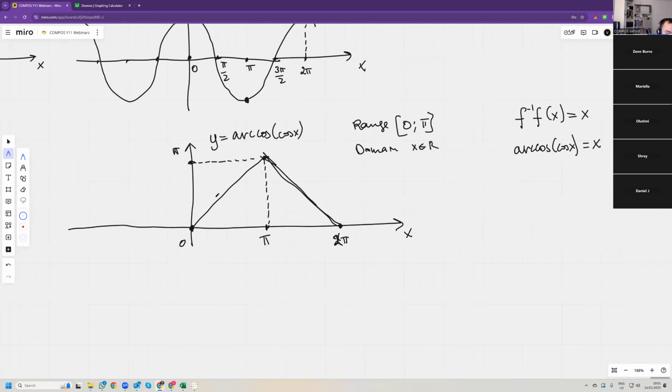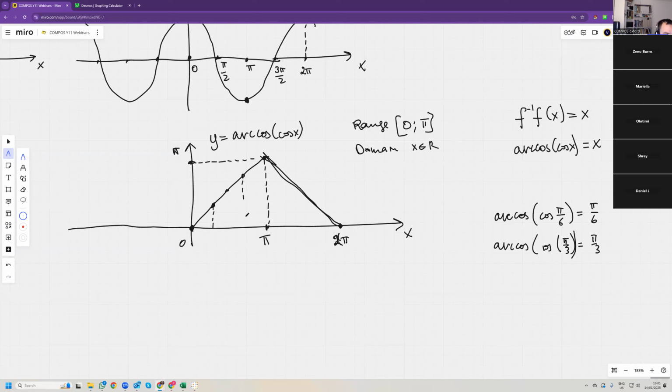So for example, if you take arc cos of cos of pi over 6, that's going to be pi over 6. Arc cos of cos of pi over 3 is going to be pi over 3.